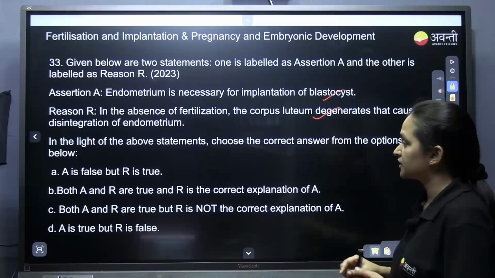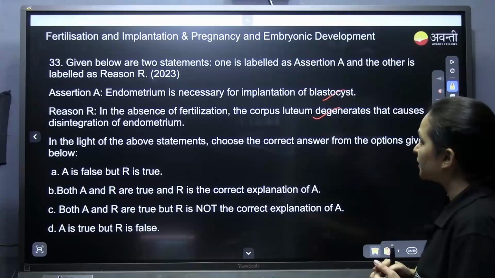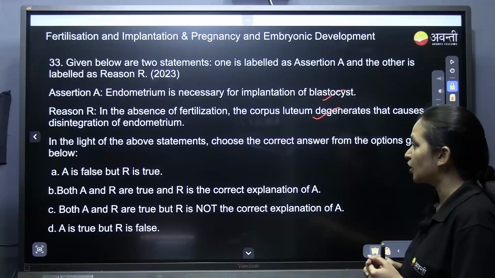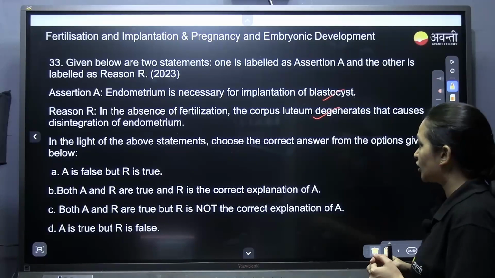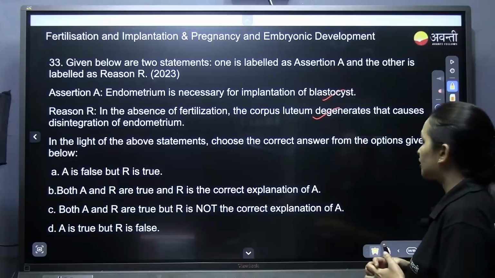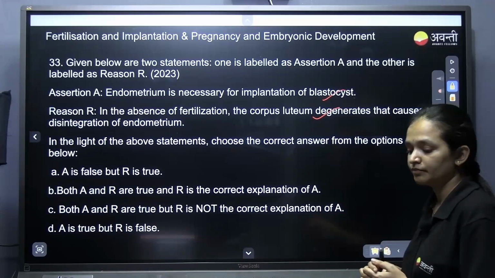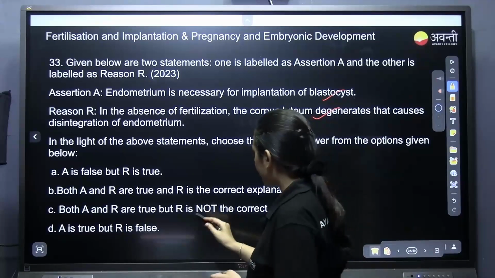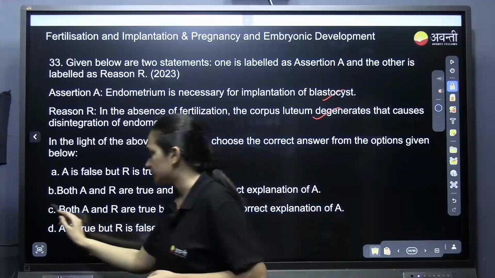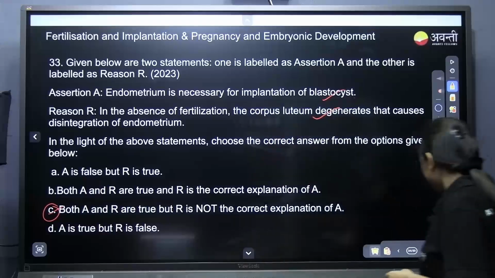True. Is it the correct reason? Just see. So, both A and R are true, but it is not the correct explanation. C is the correct answer. Very good.